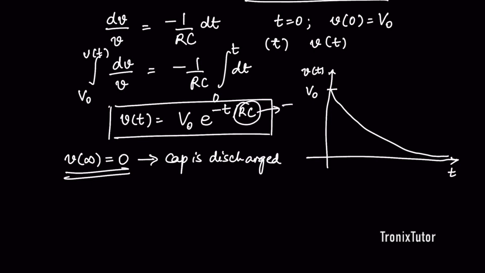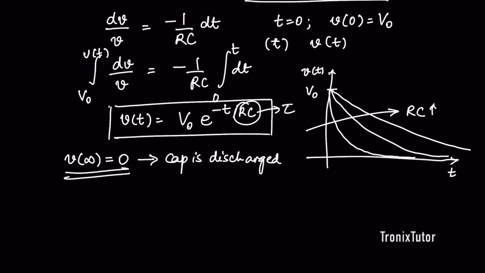RC is a characteristic time and is known as the time constant of the circuit. And suppose this time constant reduces, then my discharge is going to happen quickly. If this time constant increases, then I'm going to take a longer time to discharge. Right?